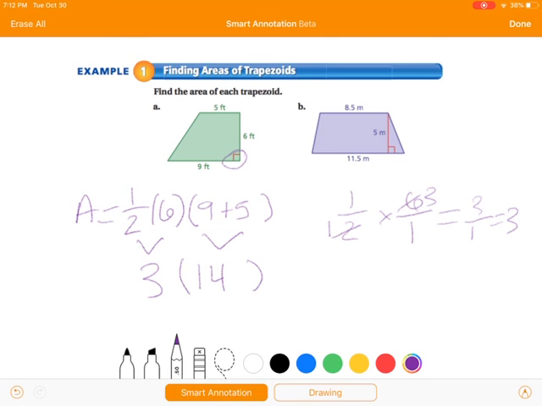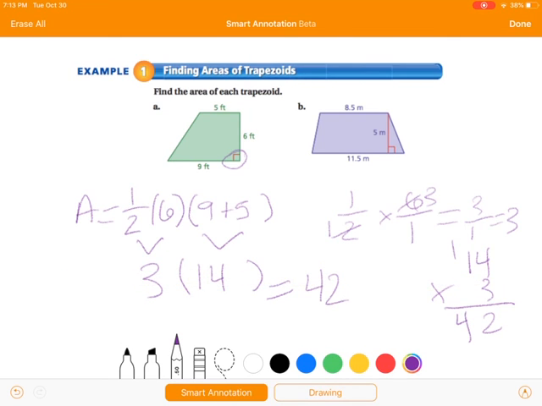So now we're left with 3 times 14, and that equals 42. If we have 14 times 3, 3 times 4 is 12, carry the 1. 3 times 1 is 3, plus that 1 is 4. So we're left with 42 here.